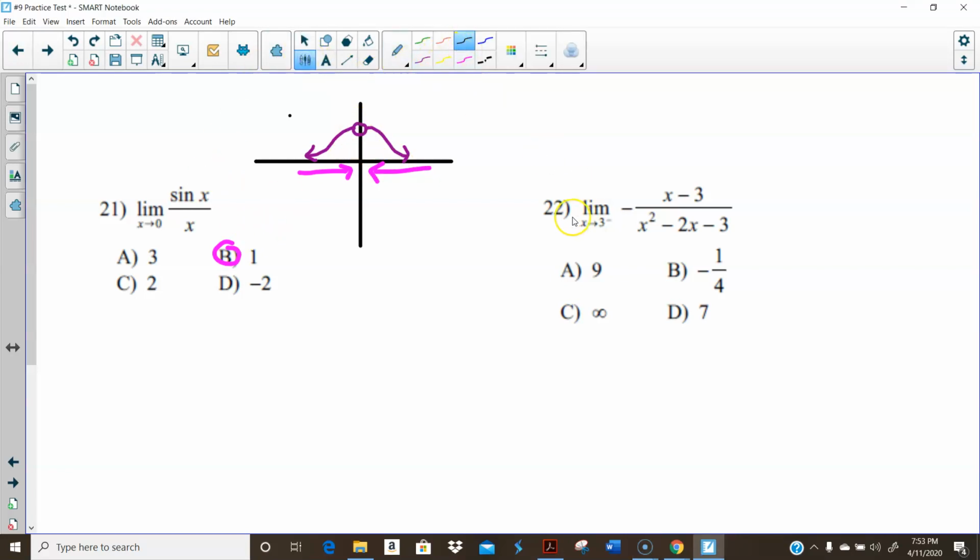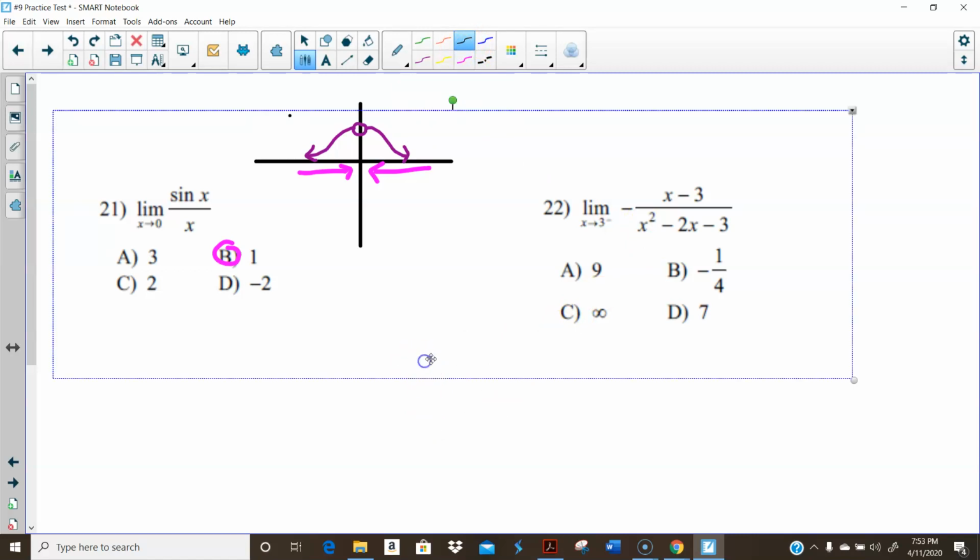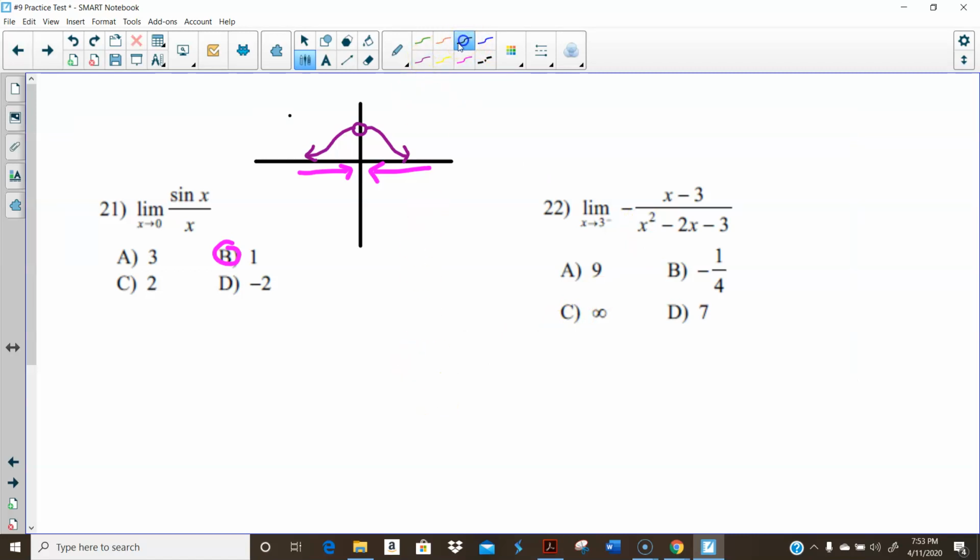All right, looking at number 22, if I were to directly substitute 3 into this denominator, I am going to get 0 on the bottom of a fraction. So I'm going to try to solve this first by actually factoring. So this is going to be, oh, I need my pen, the limit as x approaches 3 from the left-hand side.